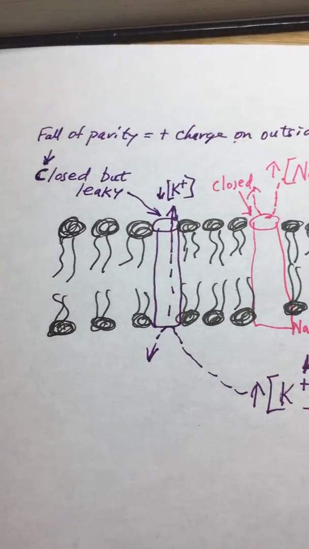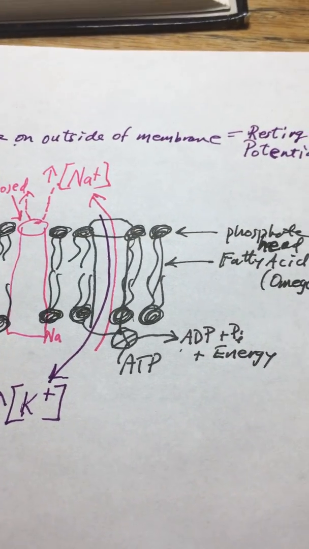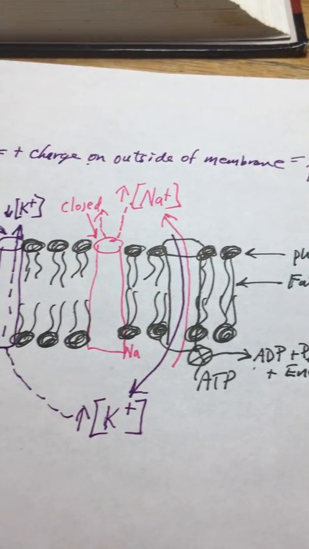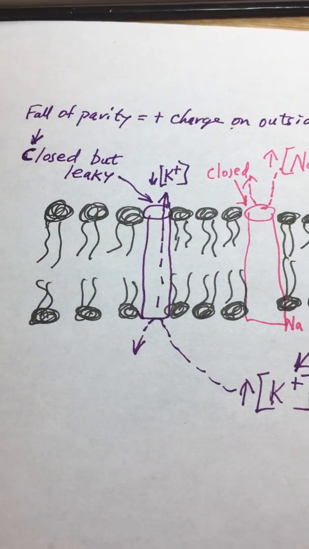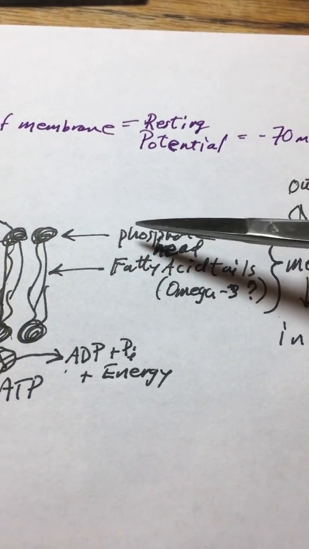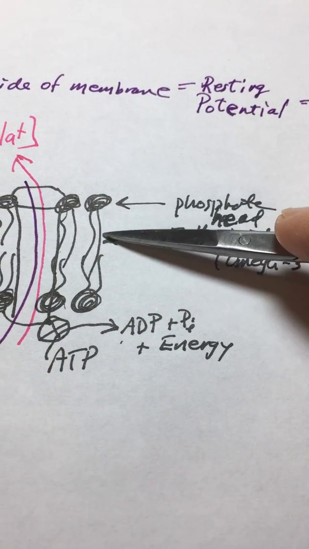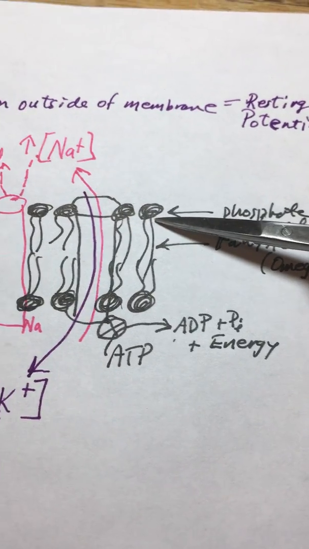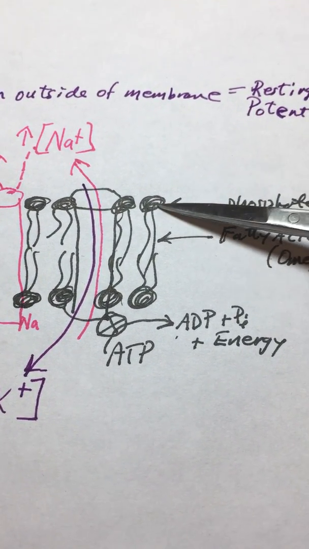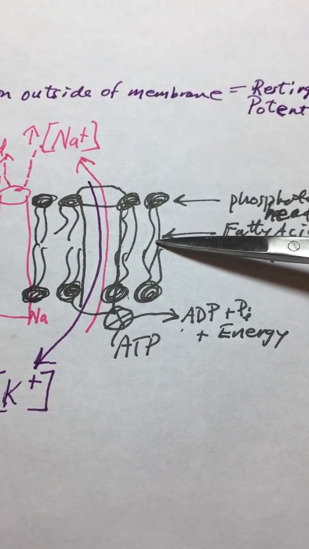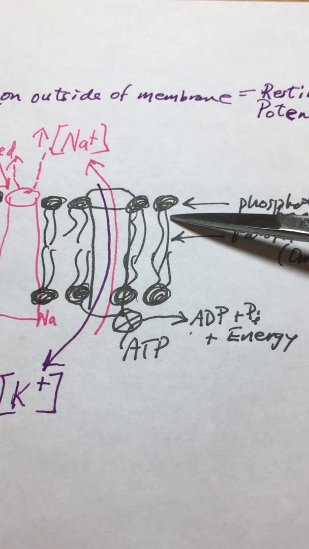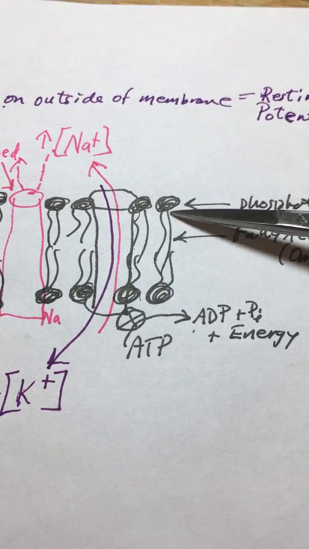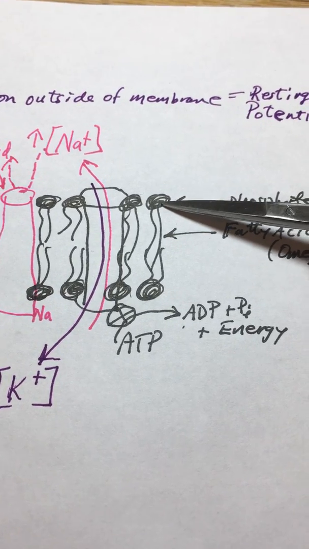Okay, so I've drawn you a membrane. This is what I would normally do in the classroom. And so here are the phosphate heads and the fatty acid tails. This is basically just like a triglyceride with a glycerol and 3 fatty acid tails, except here we've taken off one of the fatty acid tails, turned it around, and replaced it with a phosphate head.